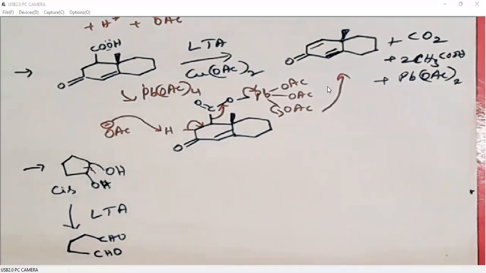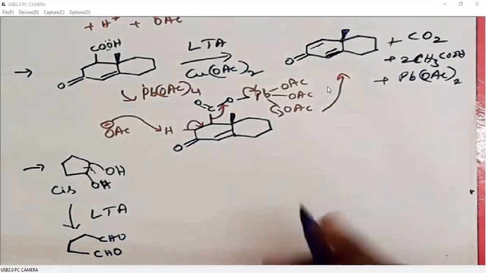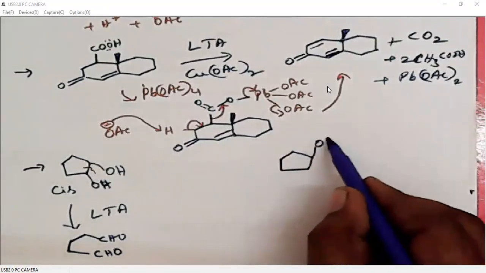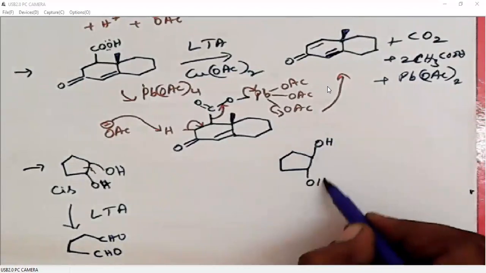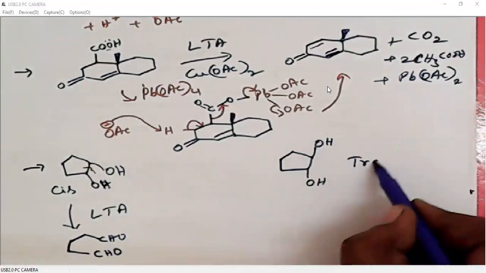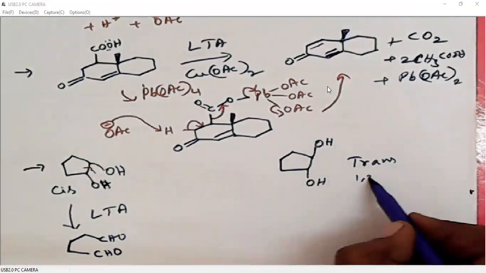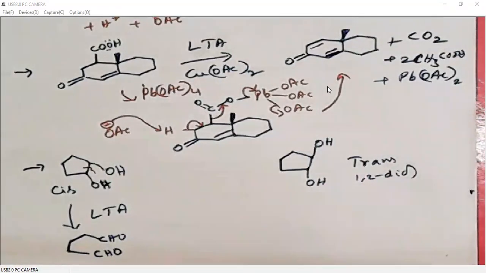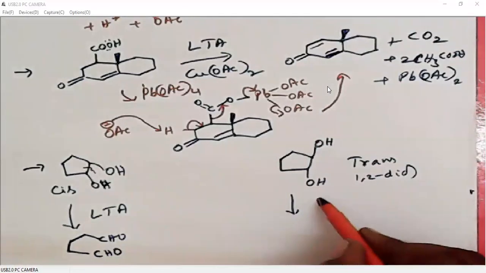But when it is a trans diol, in the case of sodium periodate, of course, it is not possible to cleave a trans 1,2 diol. So this is a trans 1,2 diol. With sodium periodate it is not possible to cleave it, but we can cleave this trans 1,2 diol with LTA.